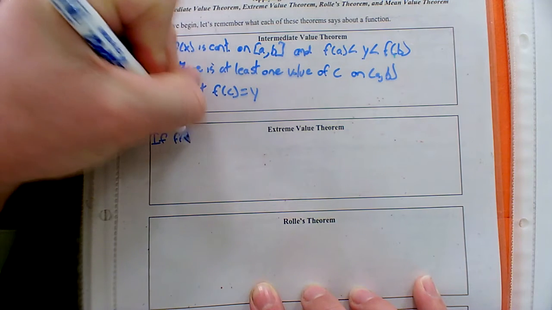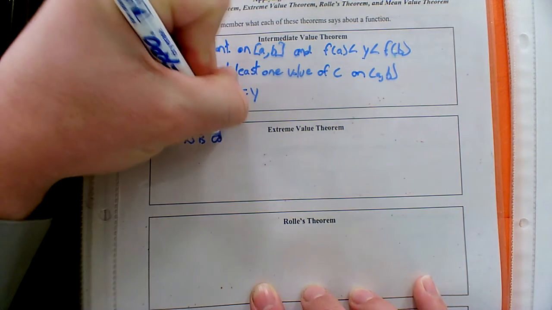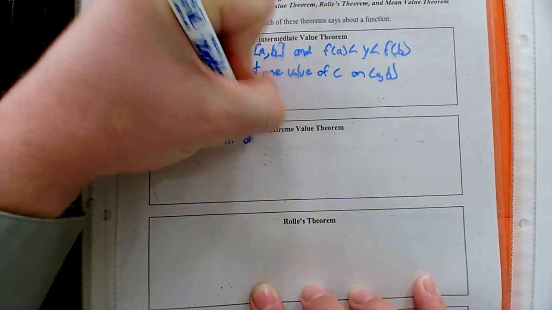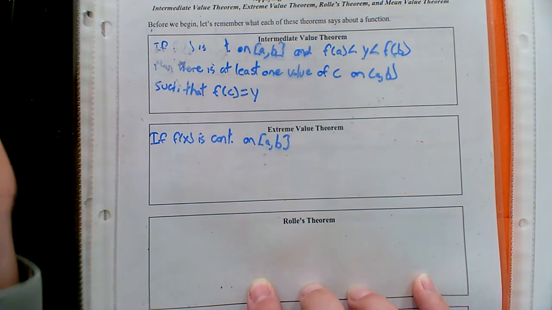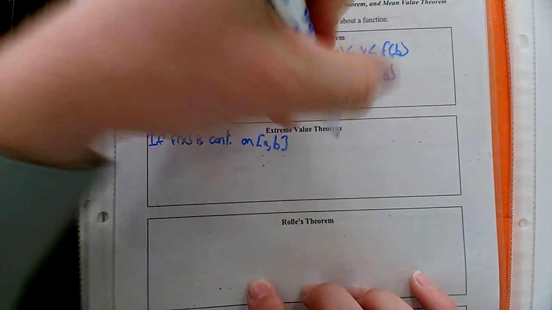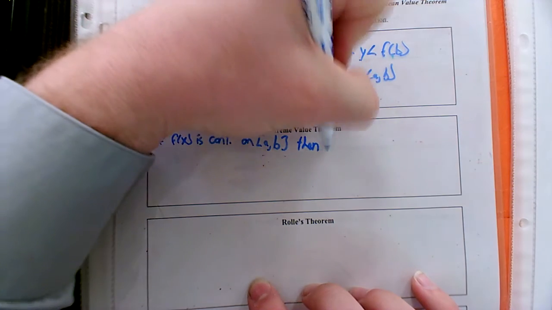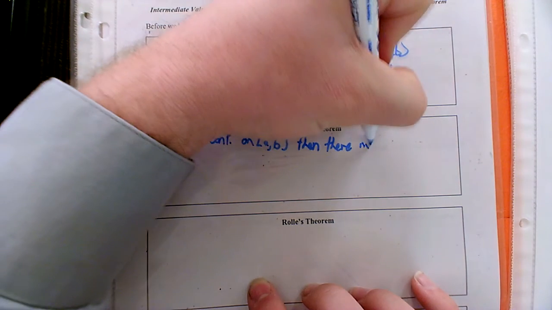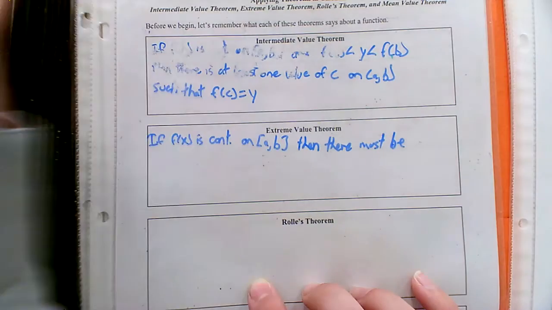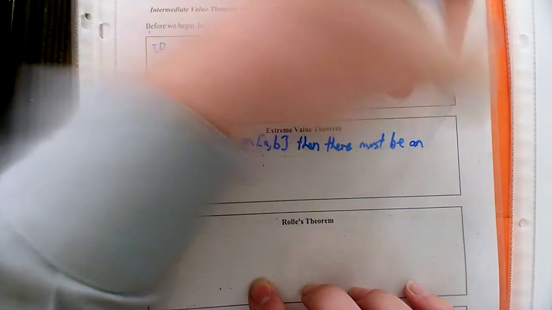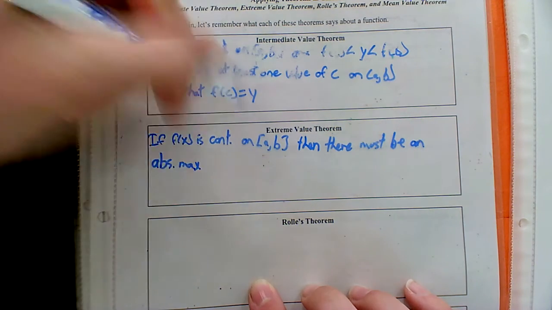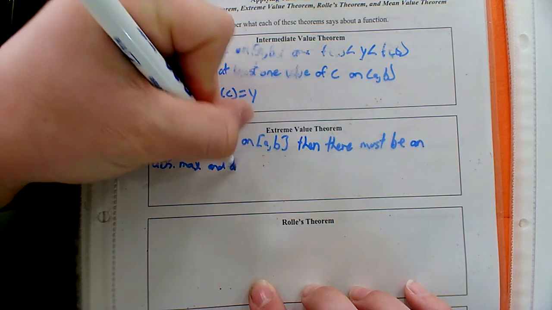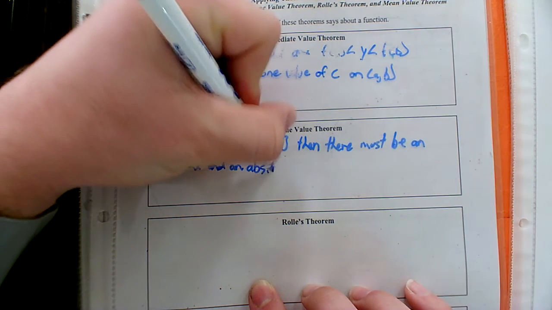If f of x is continuous on a to b, closed interval, so at least that's the same as the first one, then there must be an absolute max and an absolute min.